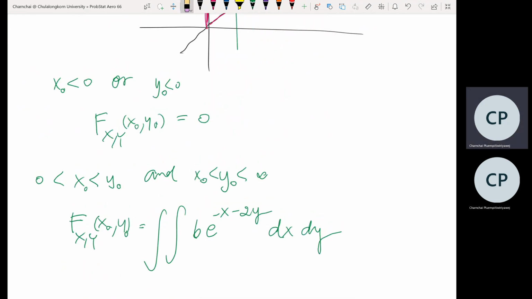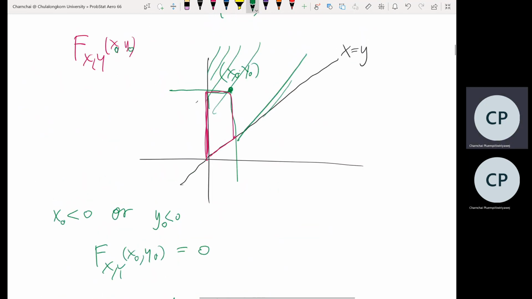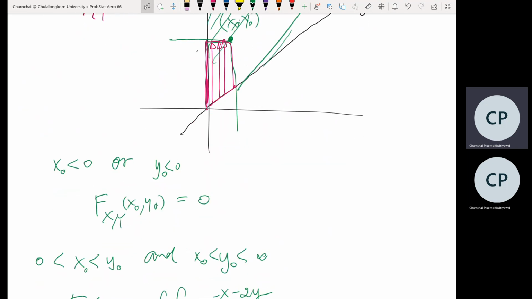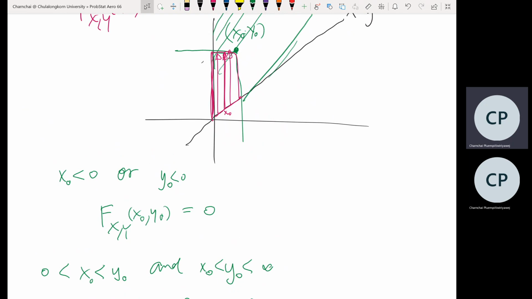So I'm going to change the limits of integration and integrate dy first and then dx. If I'm integrating dy first, that means I'm going vertically first. What is the limit of integration? It's not 0 to infinity. It's from x to y naught.